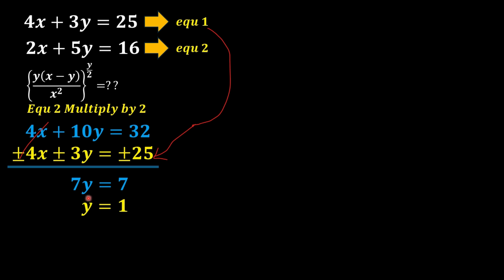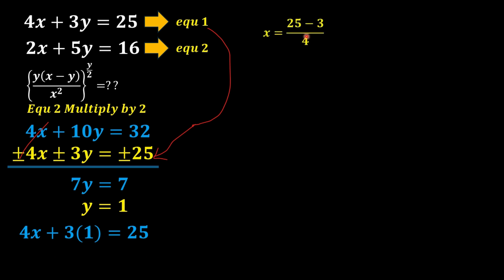Now in the next step, we should put the value of y = 1 inside equation number 1 in order to get the value of x. As a result, we will get 4x + 3 × 1 = 25 because y is replaced by 1. In the next step, we should simplify this equation for x.